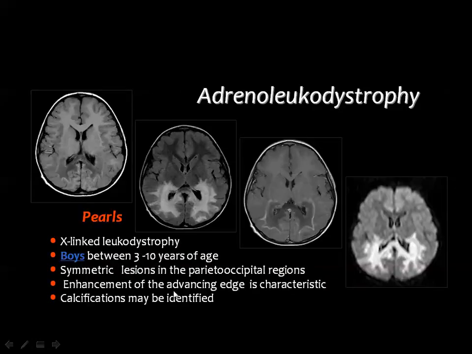This is an X-linked leukodystrophy commonly seen in boys between 3 and 10 years of age, with symmetric lesions in the bright occipital areas. Enhancement of the leading edge or the advancing edge is characteristic, and sometimes you may see calcium.